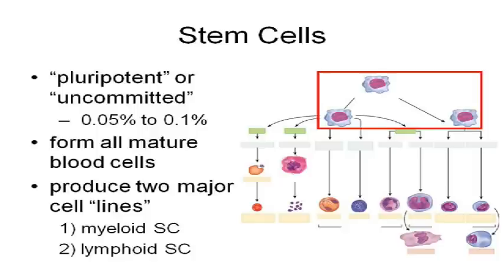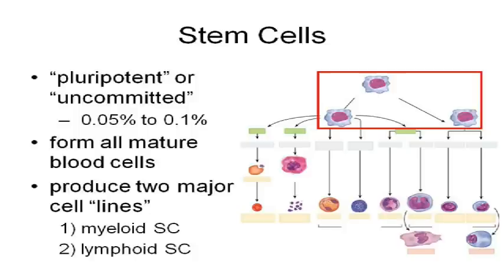That's why stem cell research is so cool. Because if they can figure out how to make stem cells become a liver, then you can have a liver. But in your bone marrow, you have what are called pluripotent or uncommitted stem cells. That means that they can become any of these types of blood cells.